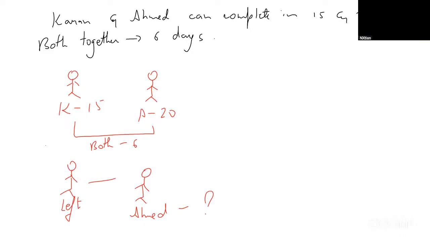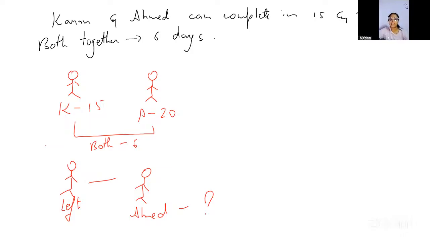That's the second step. The third thing we're going to do is calculate the remaining work, that is, how much work is remaining after the 6 days' work is done. That much will be the remaining work that Ahmed has to complete.